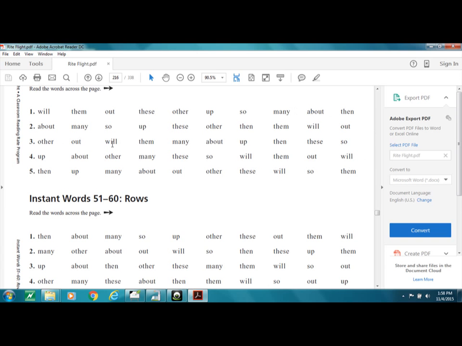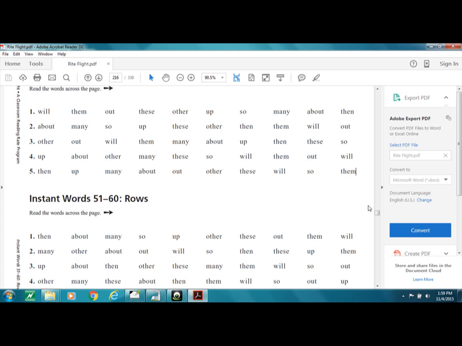Other, out, will, them, many, about, up, then, these, so. We're going to do row 5. Then, up, many, about, out, other, these, will, so, them. All right, very good.